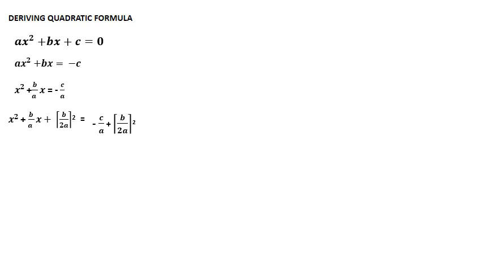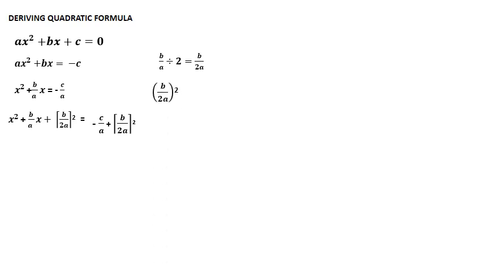We square it and then add it on both sides of the expression. That is the term we are supposed to add to make the left hand side a perfect square.